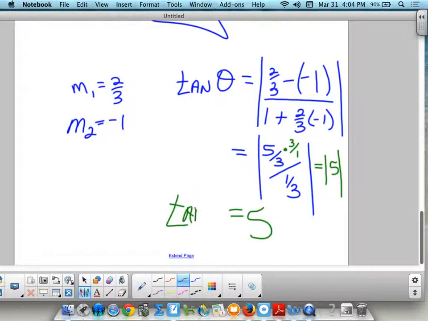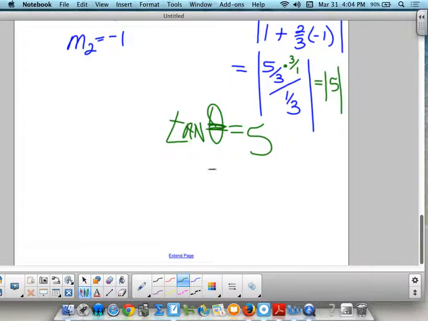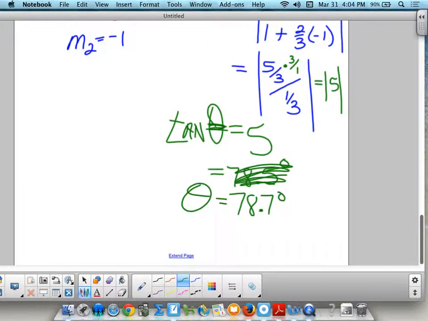Remember, the answer is an angle. What's the angle between the two lines? Inverse tangent of 5. Hit it, and you get 78.5 degrees. No, that's wrong. 0.7 degrees. Okay.